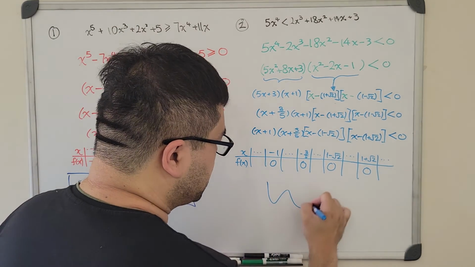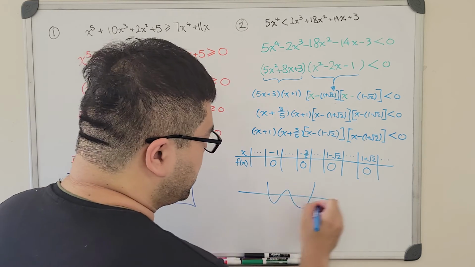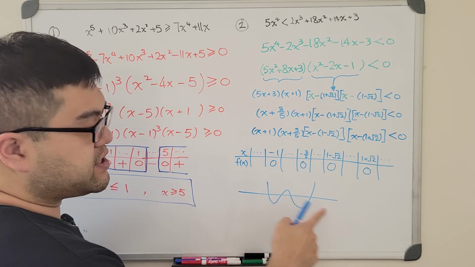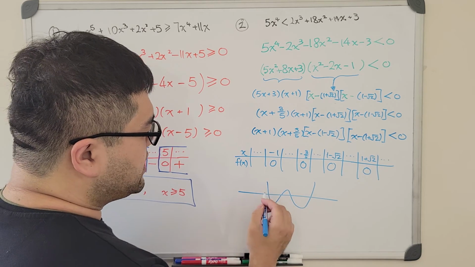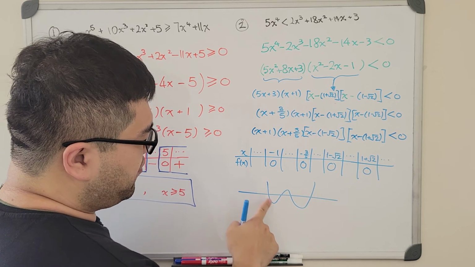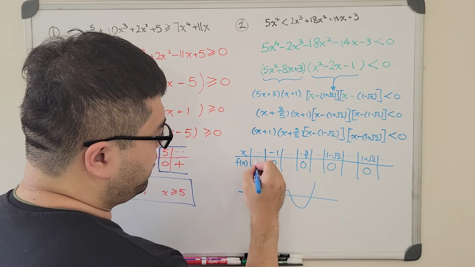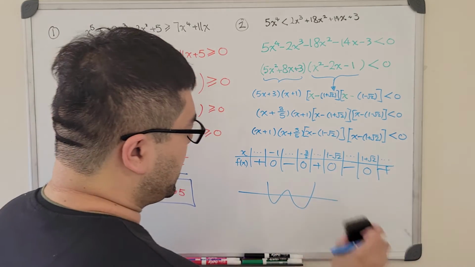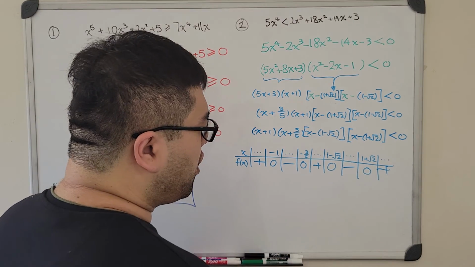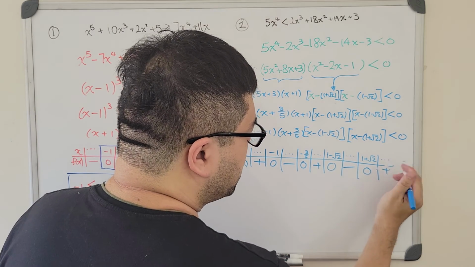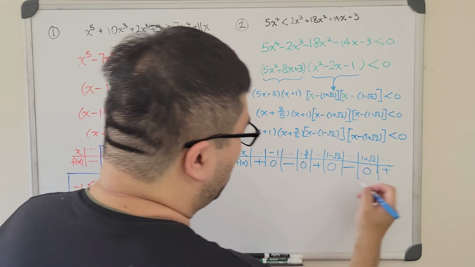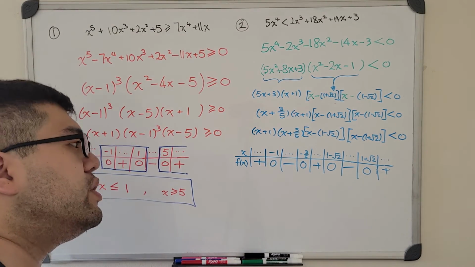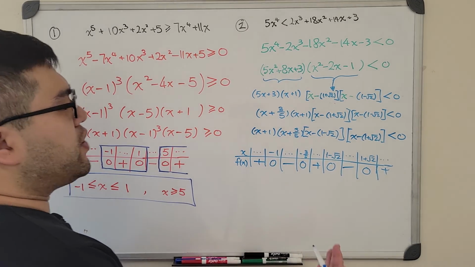We know the shape is kind of like a W, and it will pass through the x-axis 4 times. So we see that we will start with positive, then negative, positive, negative, positive. So again, if they're all simple roots, then we always know how the shape will look like, and also which regions we definitely would take.